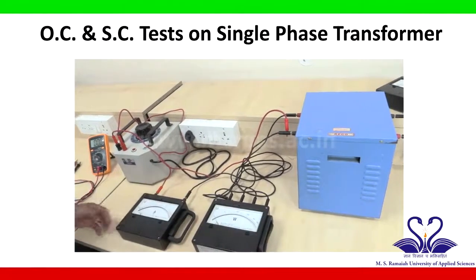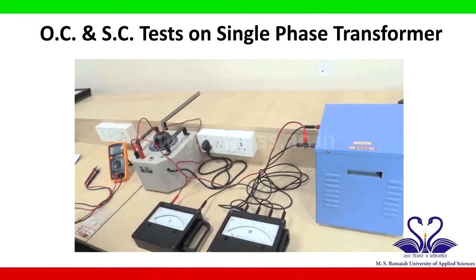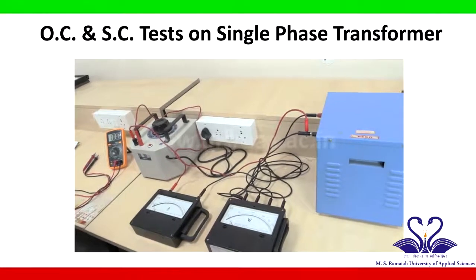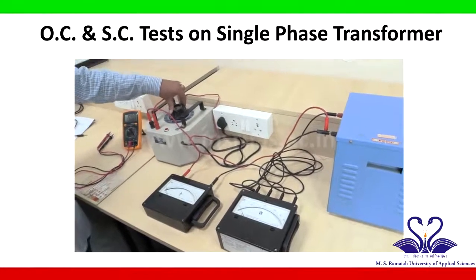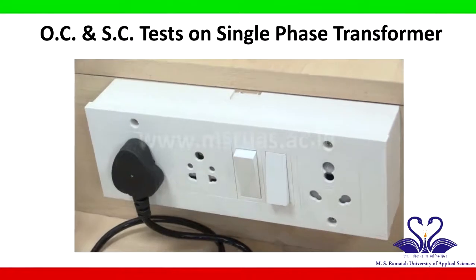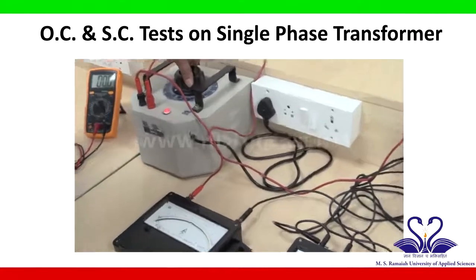For the short circuit test, we need to apply rated current. So, seeing the ammeter, apply voltage till the ammeter reads 4.2 amps. Make sure the auto transformer knob is at the minimum position. Turn on the supply. Seeing the ammeter, apply 4.2 amps.